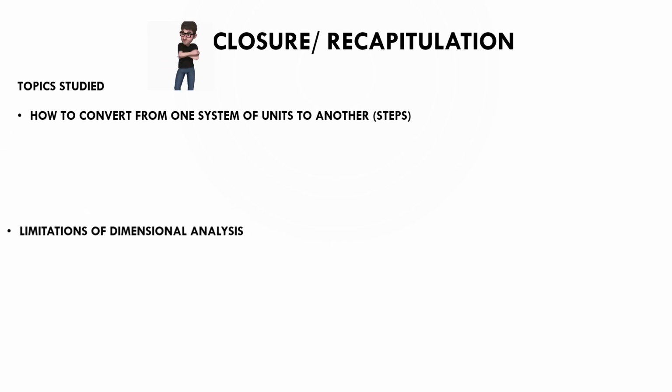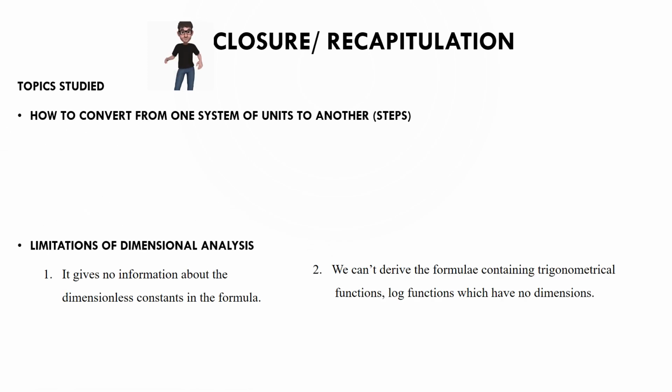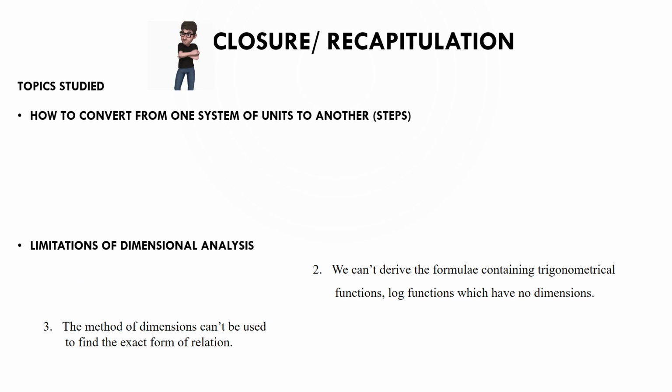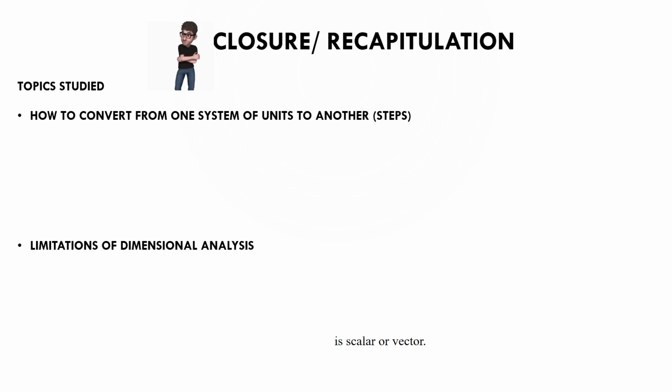Then limitations of dimensional analysis: no information about dimensionless constants, we cannot derive the trigonometric or log formulas, it cannot be used to find the exact relation, and no information whether the quantity is scalar or vector.